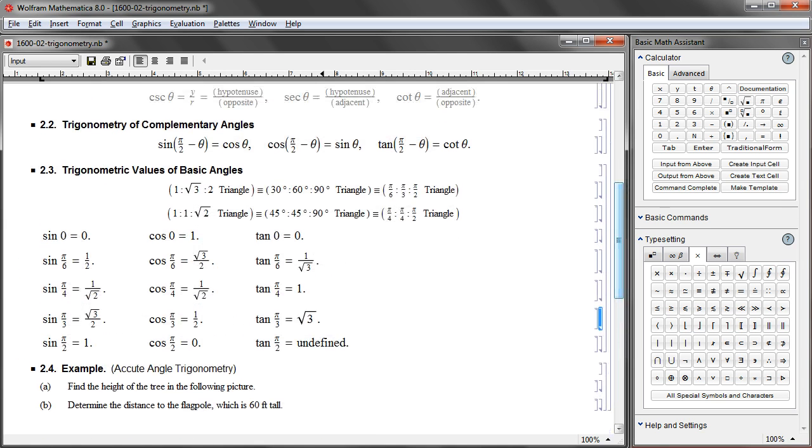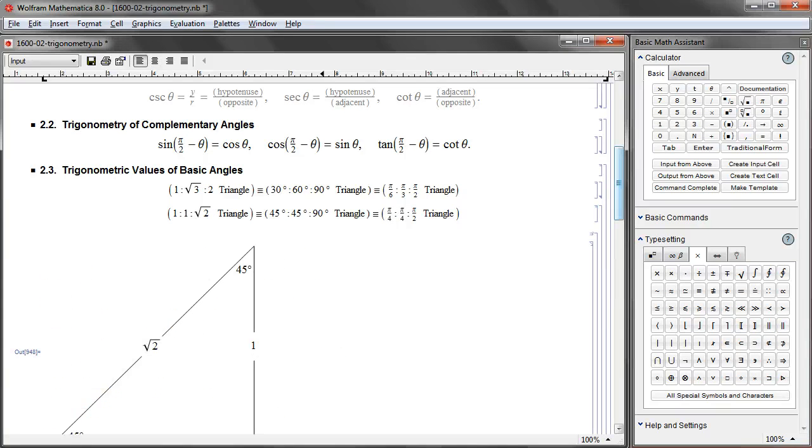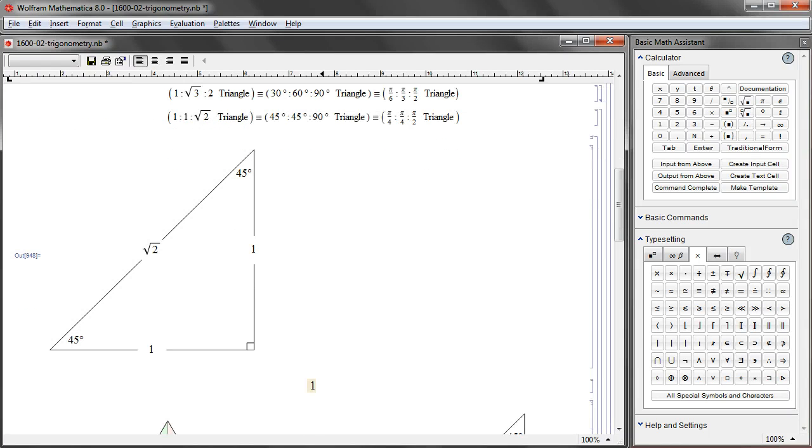Now, the pi over 4 case is a little bit different. This time we have to start with a right isosceles triangle here. And then if we use the Pythagorean rule, Pythagorean theorem, 1 squared plus 1 squared is the hypotenuse squared, which we don't know.